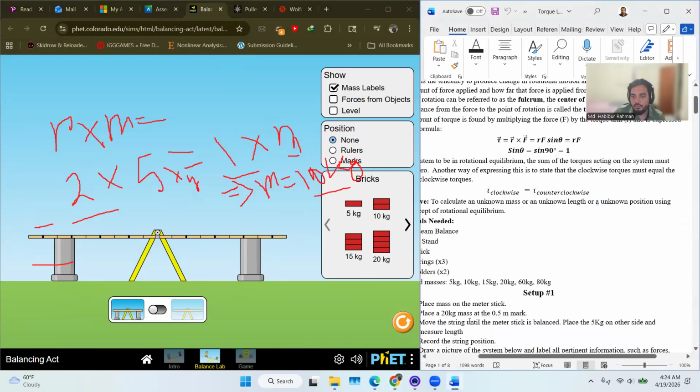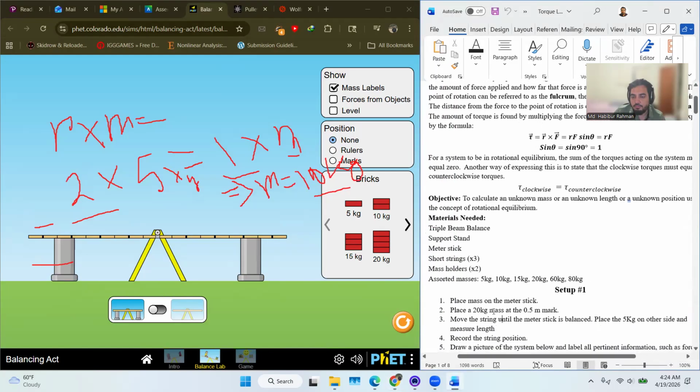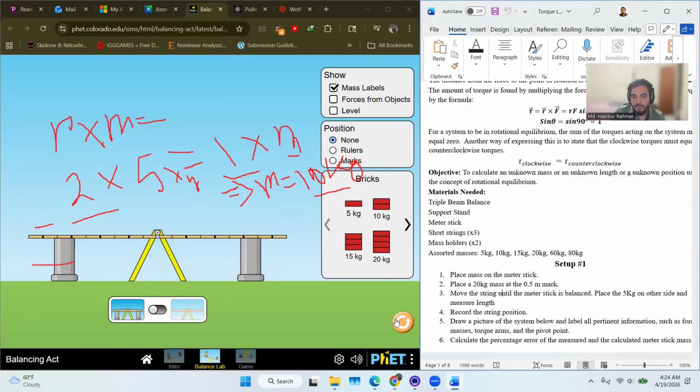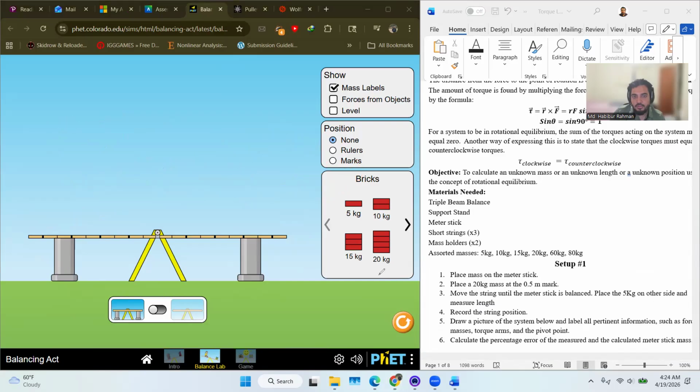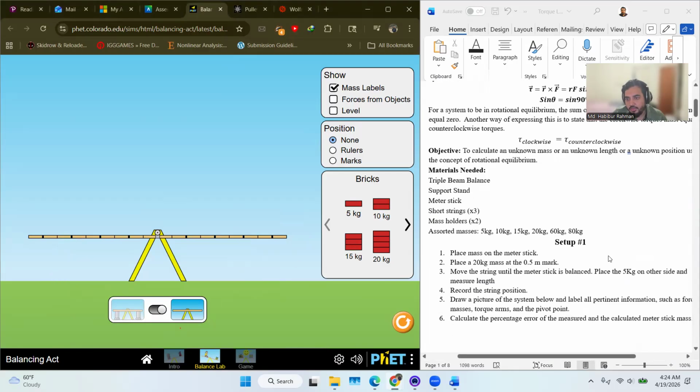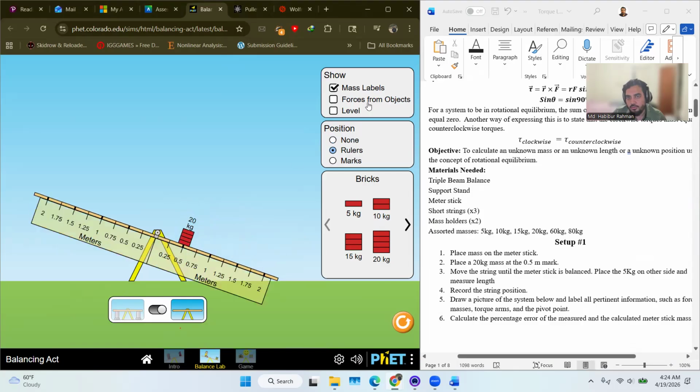Let me write it down. Clear out the drawing. So what is happening is that we have to place 20 kg on 0.5 and 5 kg on the ruler.